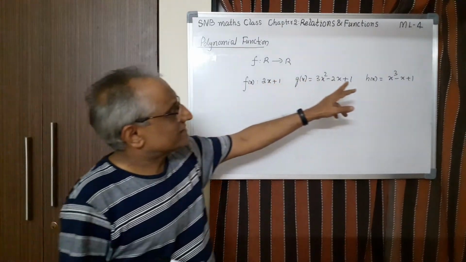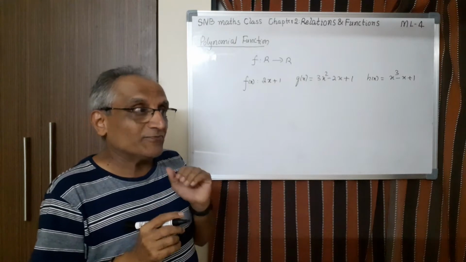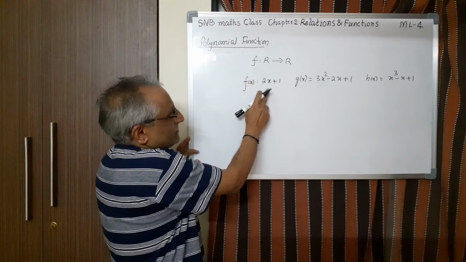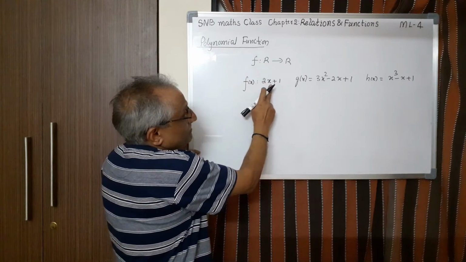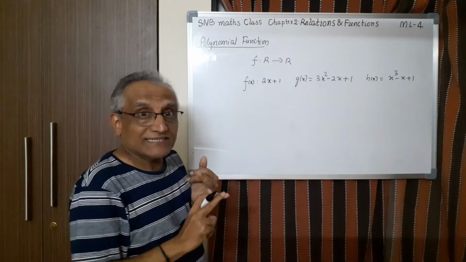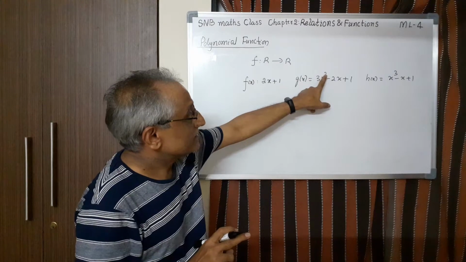All these are examples of polynomial function. If you remember the meaning of polynomial function, x is the variable here. The power of x must be an integer. Two conditions: one is it should not be negative, second is it should be a positive integer. So this is the thing.